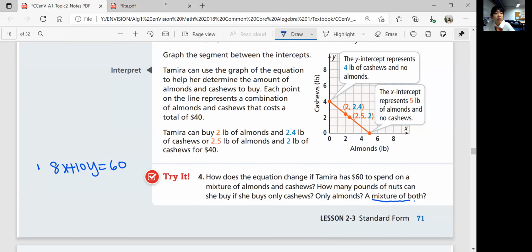So let's write that down. This is your first answer. Second, you can buy 6 pounds of cashews. And third, you can buy 7.5 pounds of almonds, right? Mixture of both, you can write your own answer.